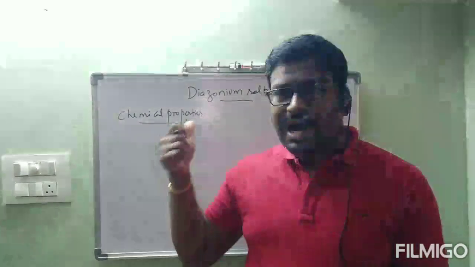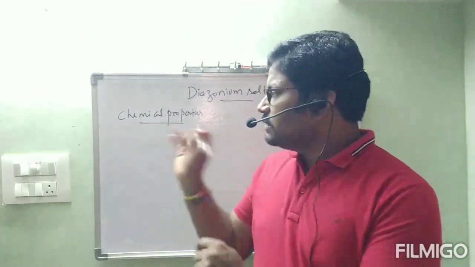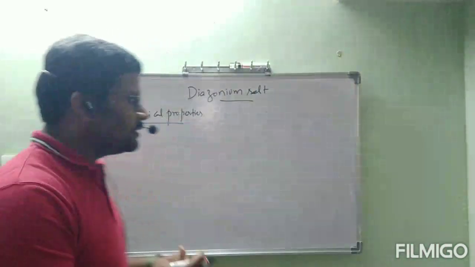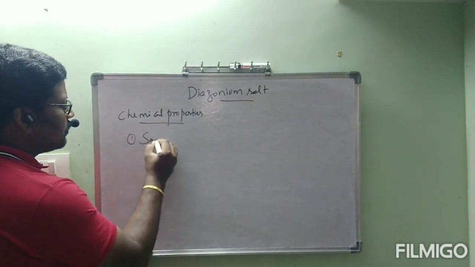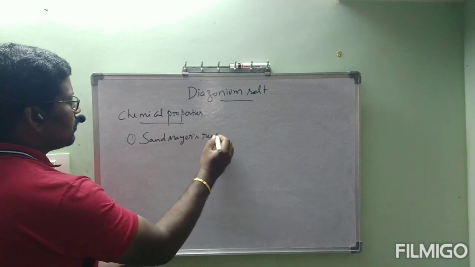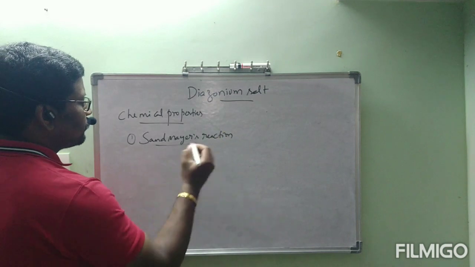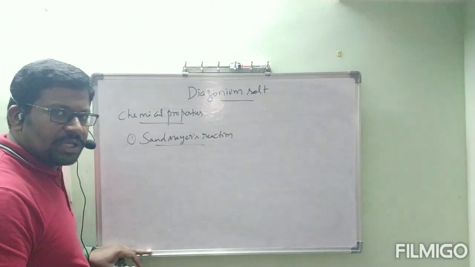Now, we already prepared diazonium salt, so the diazotization step is completed. So now we will keep the heading under chemical properties. First one, that is Sandmeyer's reaction. Initial step, diazotization, completed.